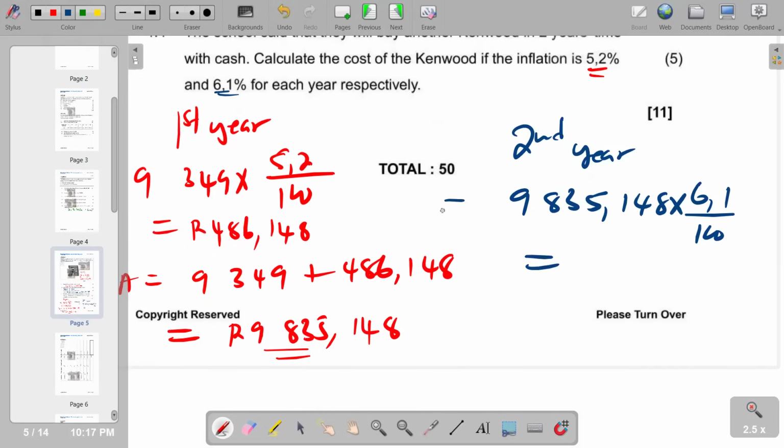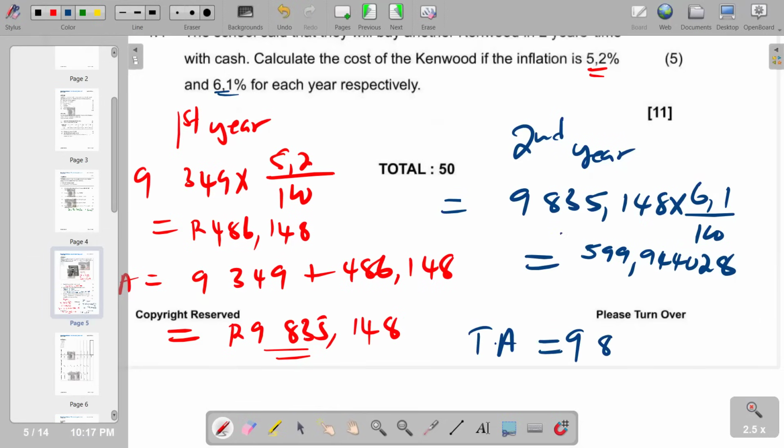So we calculate and see what we get as the inflation amount for the second year. You're going to get 599.944,028.